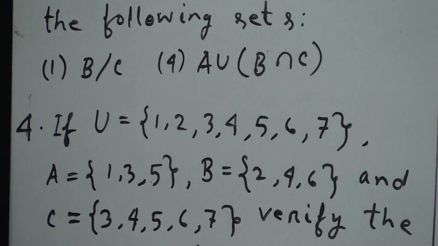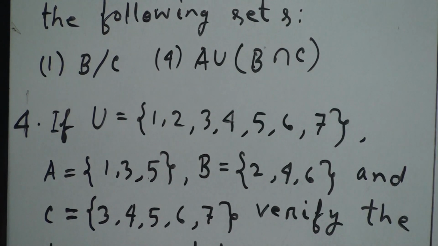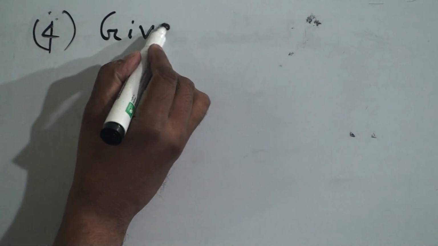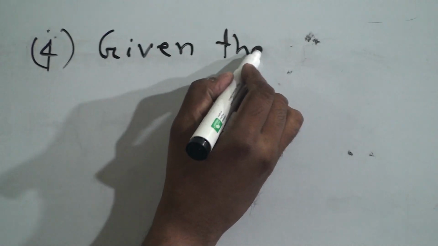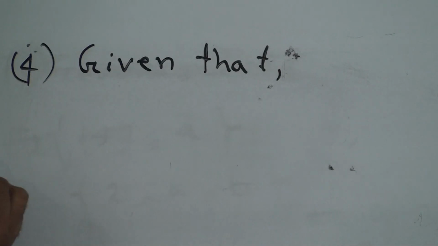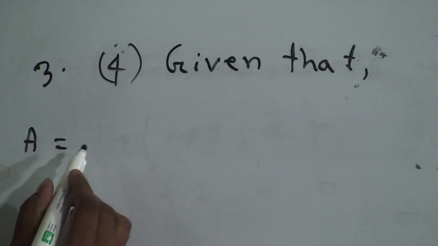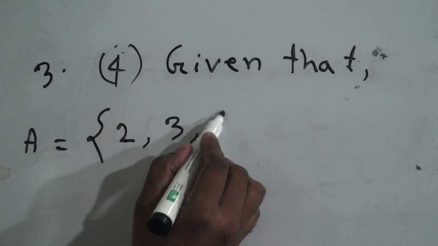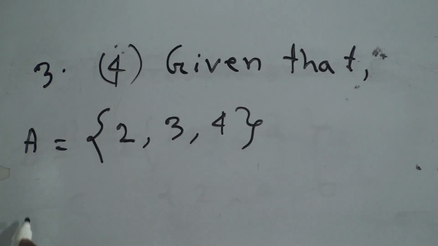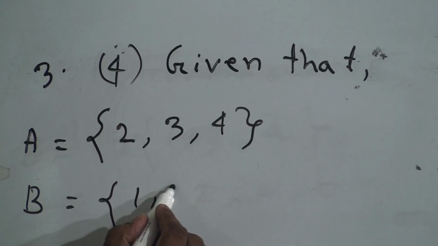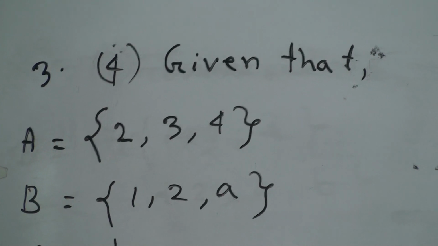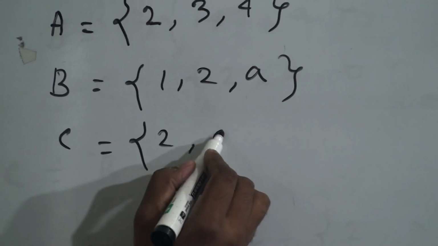At first we will write the value of A, B and C. Given that A equal to {2, 3, 4}, B equal to {1, 2, a} and C equal to {2, a, b}.